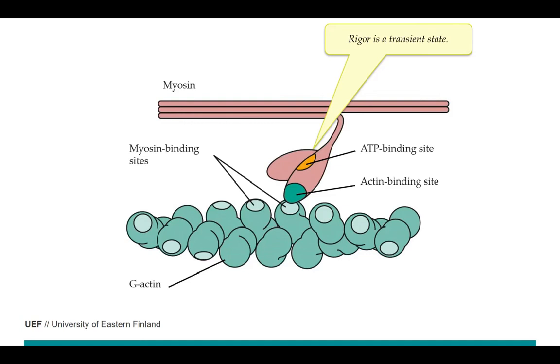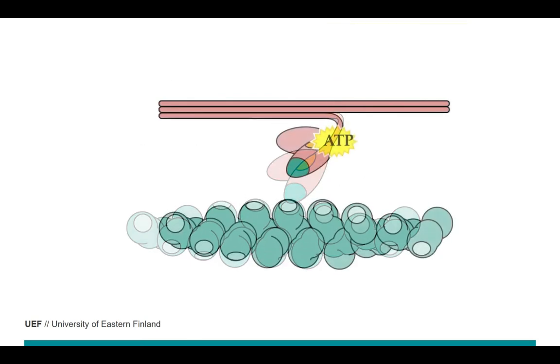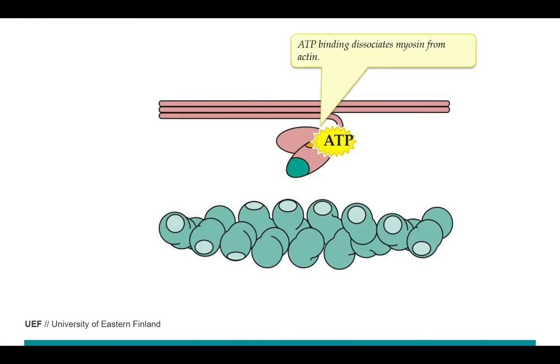So if you have any mechanism to remove the myosin from the actin, the myosin structure will be changed. And how that can be regulated is by binding ATP. That dissociates the myosin from the actin, and then the myosin goes into a more stable conformation.